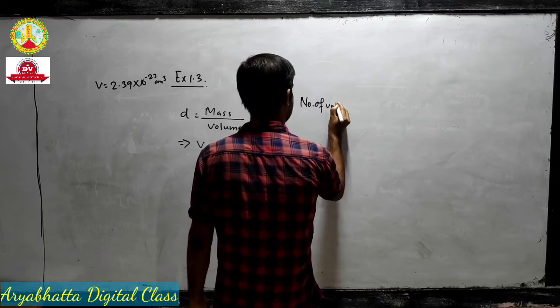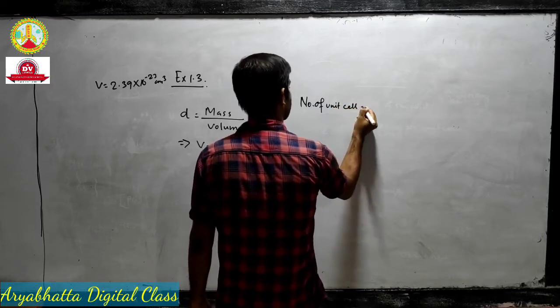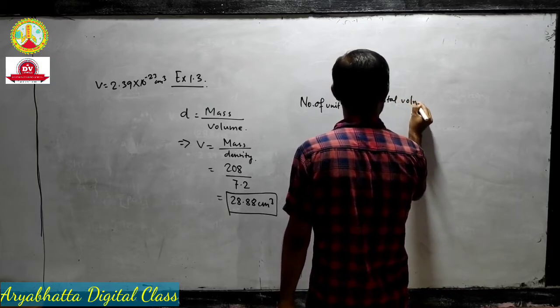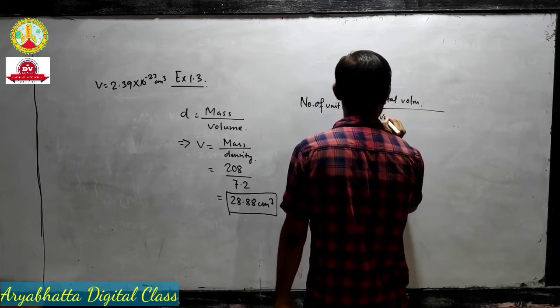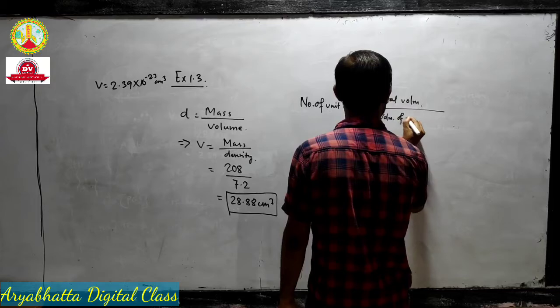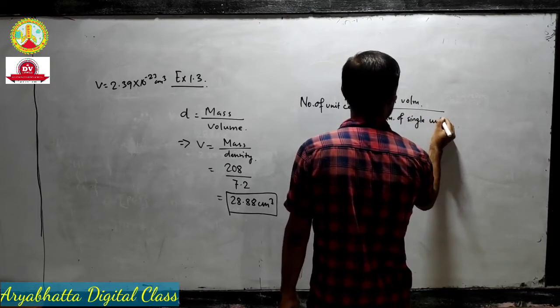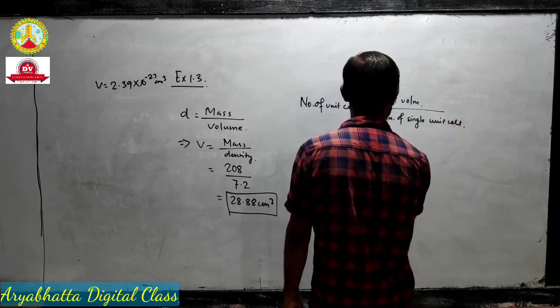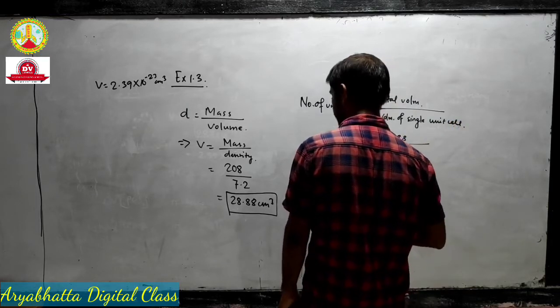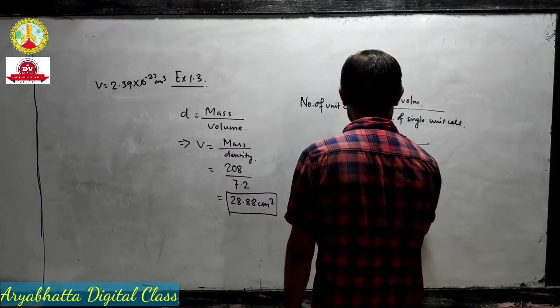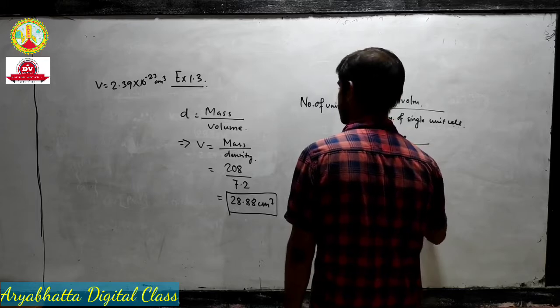Okay, number of unit cells is total volume divided by volume of single unit cell. Okay, so 28.88 divided by 2.39 into 10 to the power minus 23.